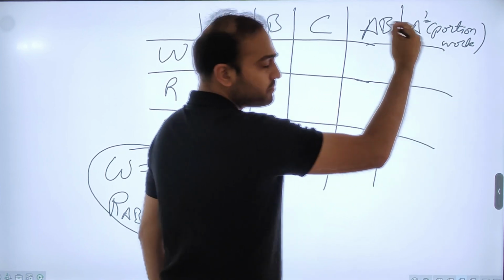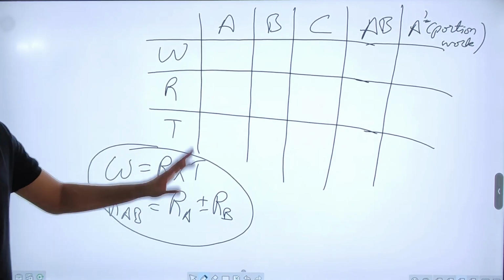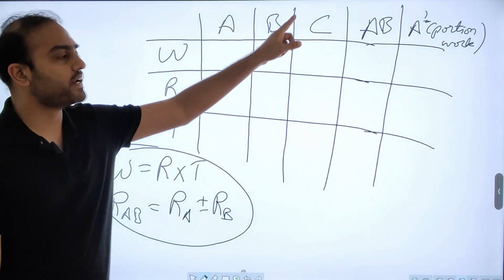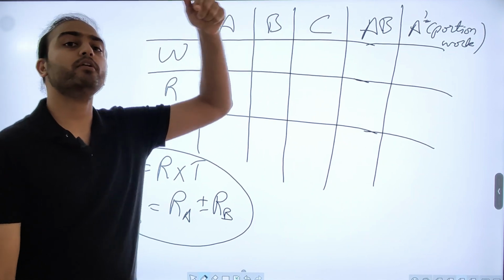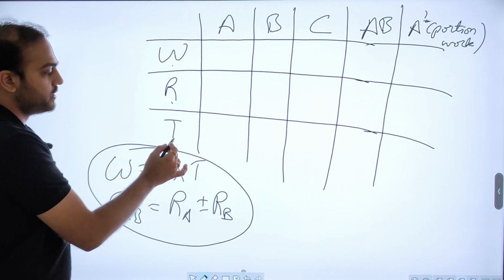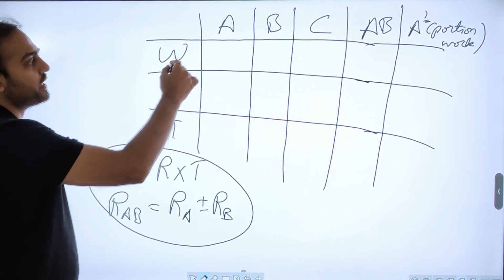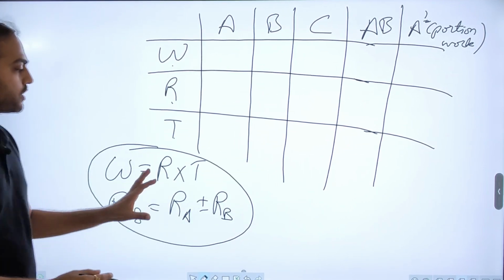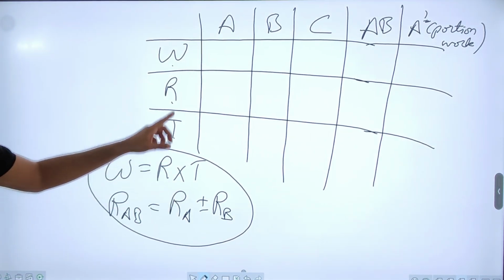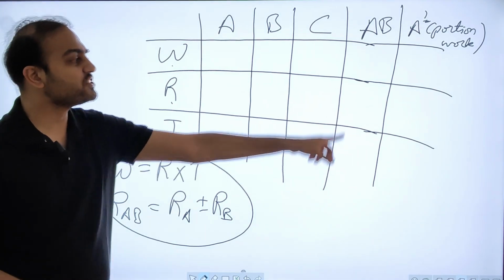As questions come, we will see the concept of dash, but for now, all you need to understand is that in my table, the columns are the variables, the people who are doing the work. Rows are work, rate, time, for each person. The basic logical relationship, work is equal to rate into time, should be followed for each column.